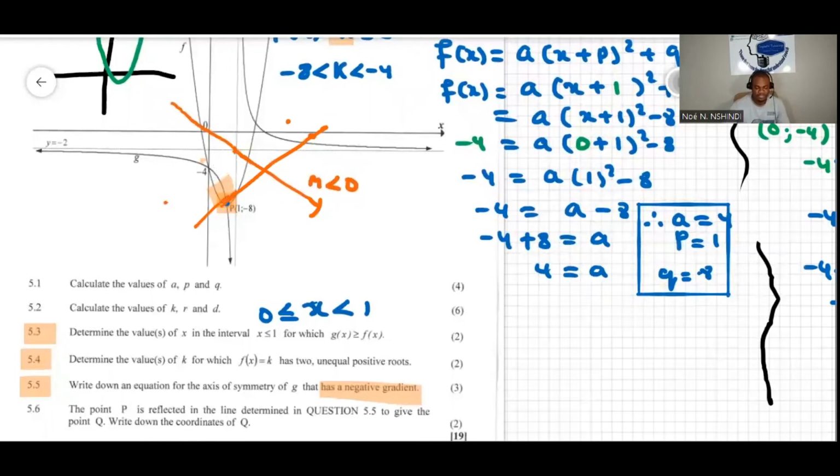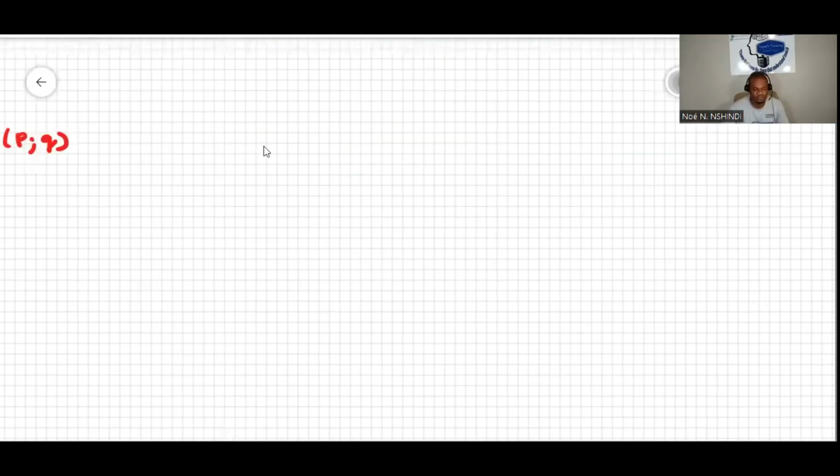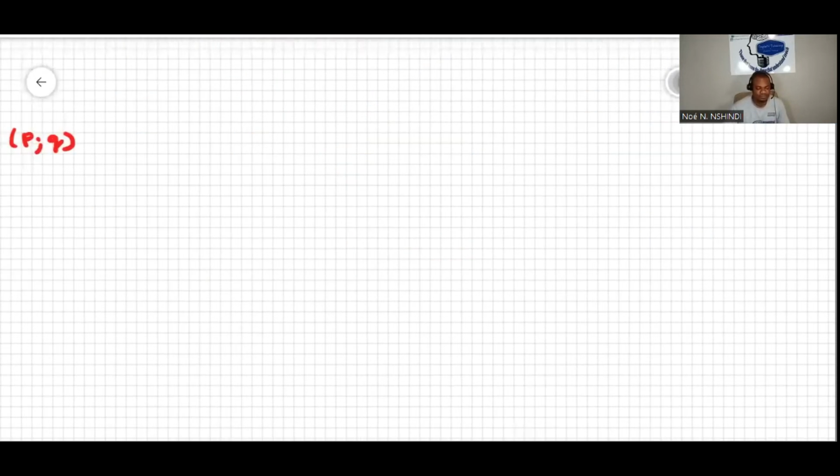Now, over here, let me just write it. The line in 5.5 was y equal to negative x minus a half.